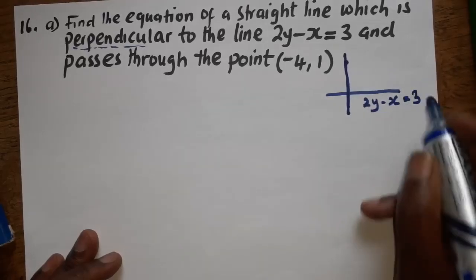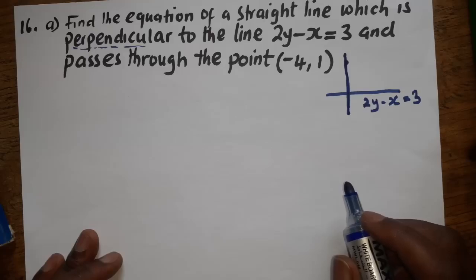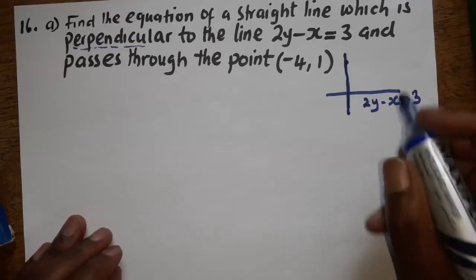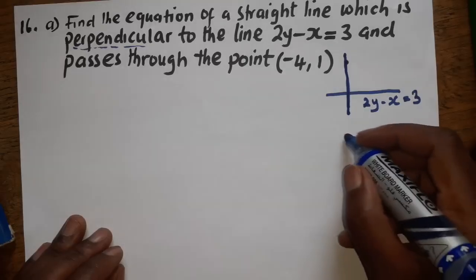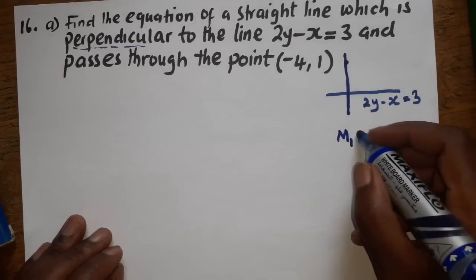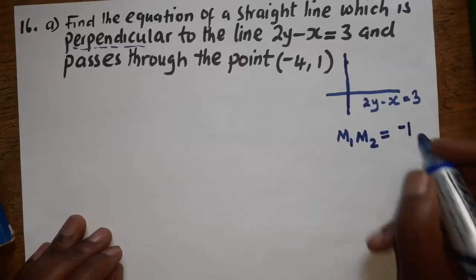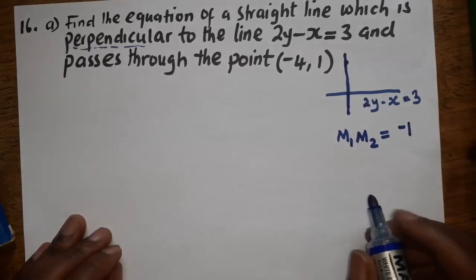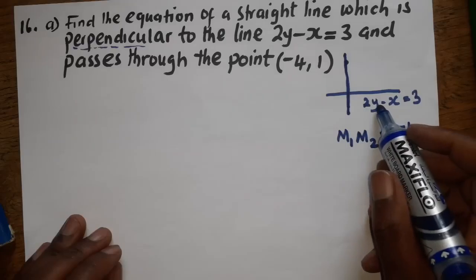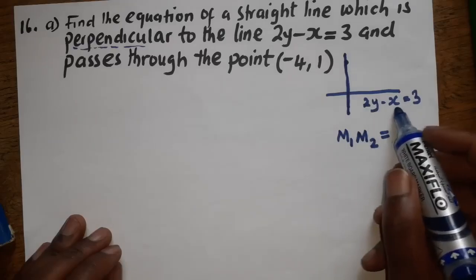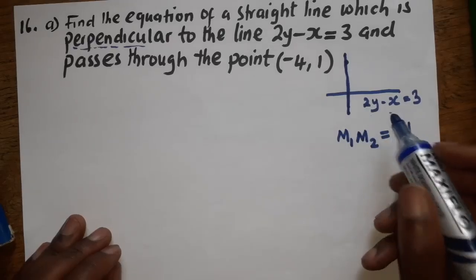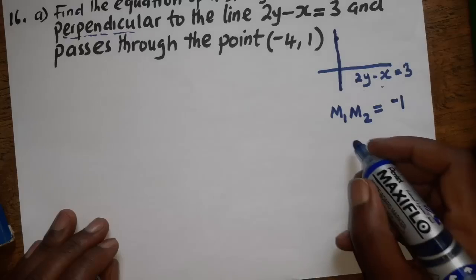It is perpendicular to 2y minus x equals 3. All right, so you need to know that when two lines are perpendicular to each other, gradient 1 multiplied by gradient 2, the product is negative 1. So the first thing that we're supposed to do is to find the gradient of this line. How do we find the gradient? We need to make y the subject of the formula.